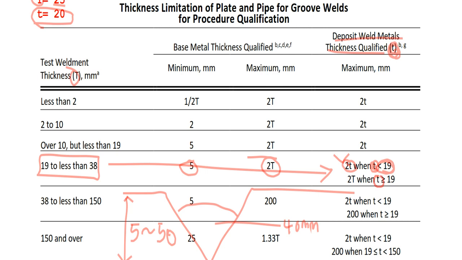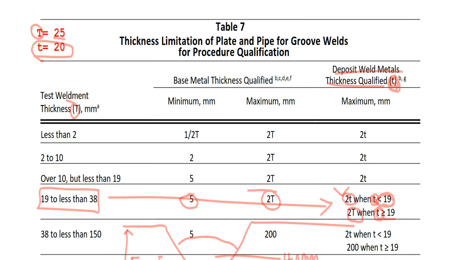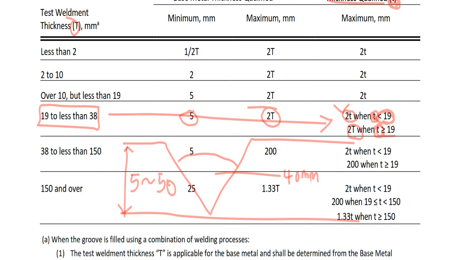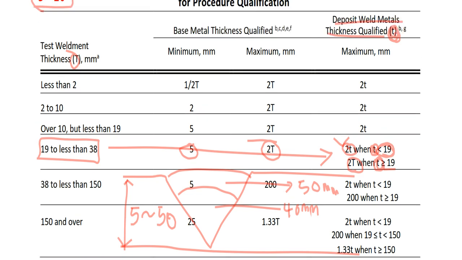But when small t is bigger than or equal to 19 millimeter, then it is 2 capital T, which is 25 times 2. Then here, maximum deposit weld metal thickness is 50. So the weld deposit thickness qualification varies depending on the small t thickness.